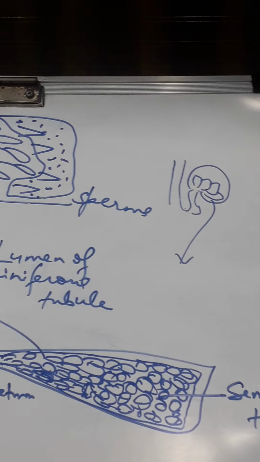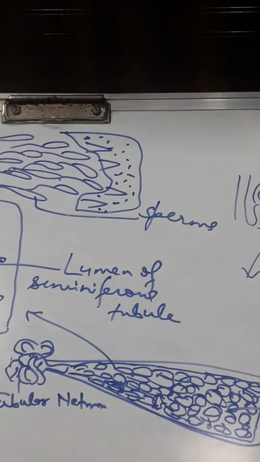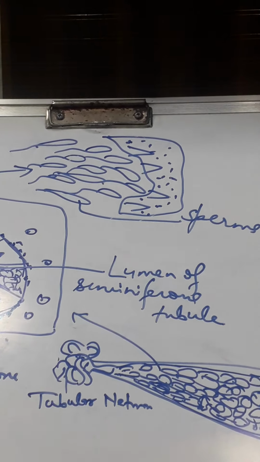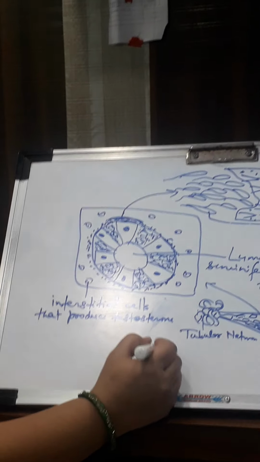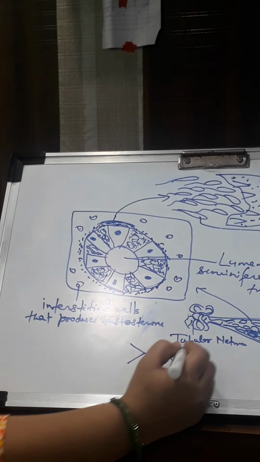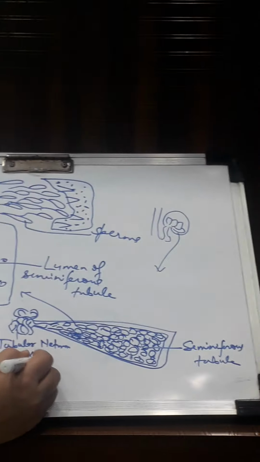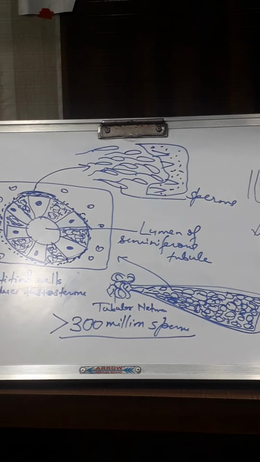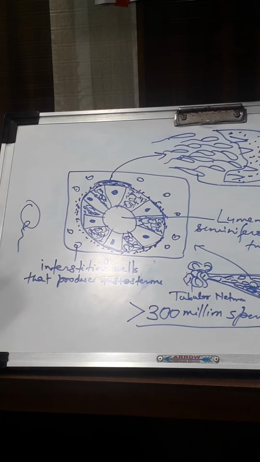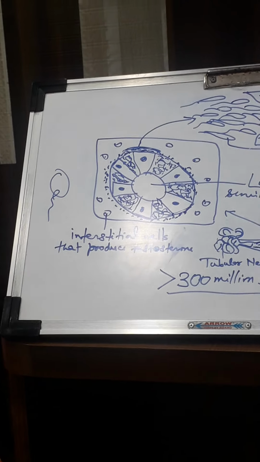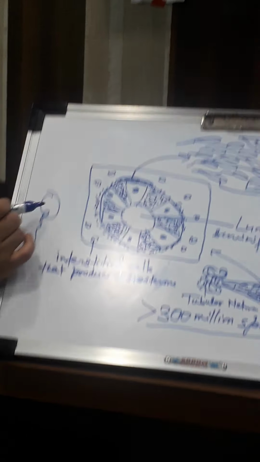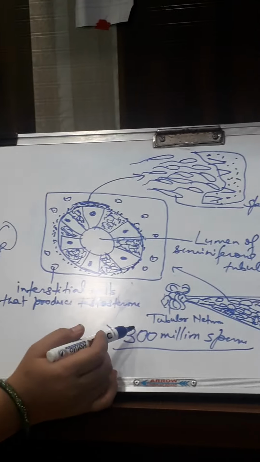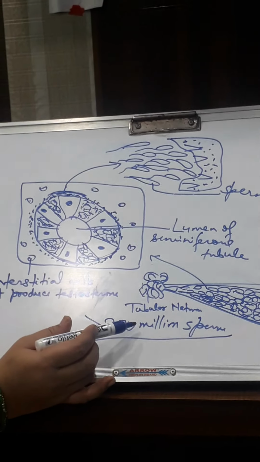Each ejaculation releases a volume of up to 300 million sperm. But children, how many get to participate? Only one. Only one will invade the ovum. So the other 300 million sperms are of no use, and are expelled out.